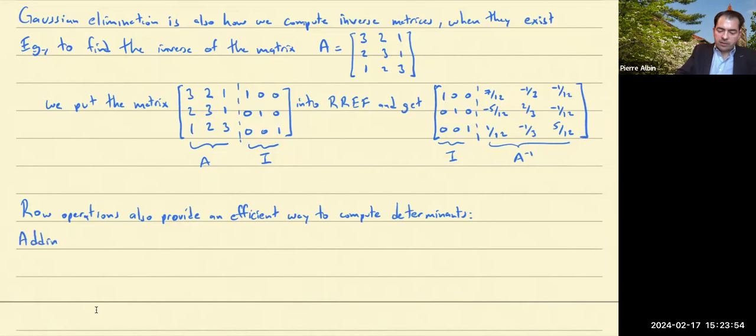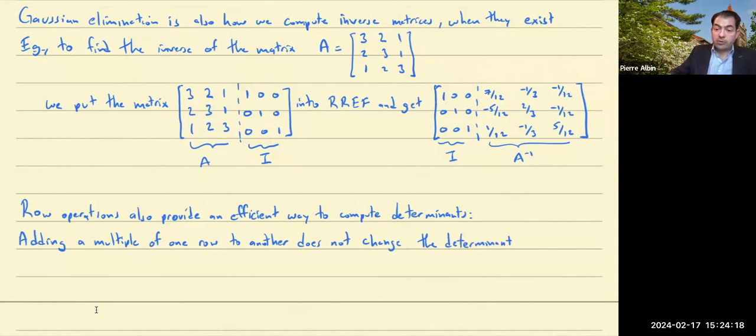So let's think about what they would do to the determinant of the matrix. Adding a multiple of one row to another does not change the determinant. So you can do that row operation all you like, and it won't change the determinant.